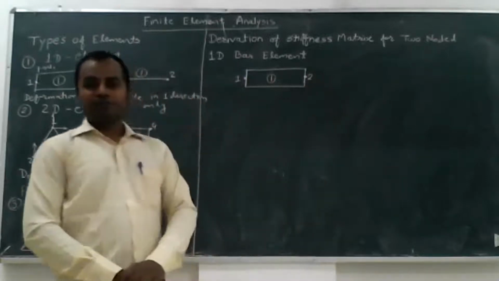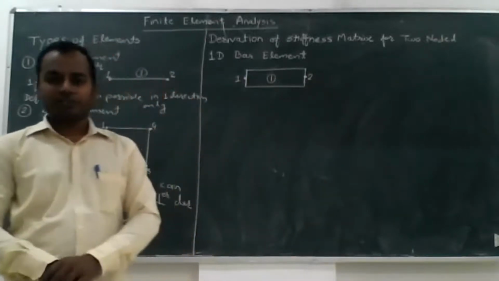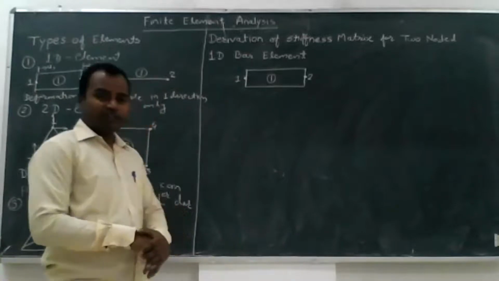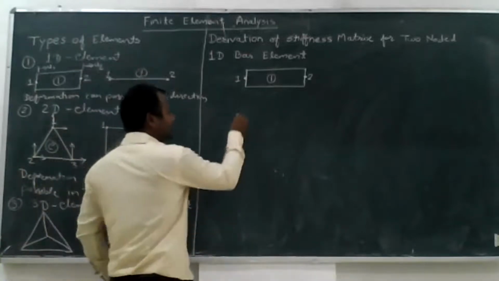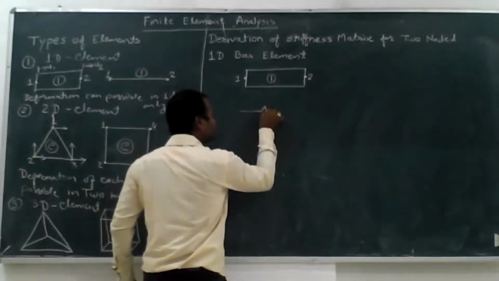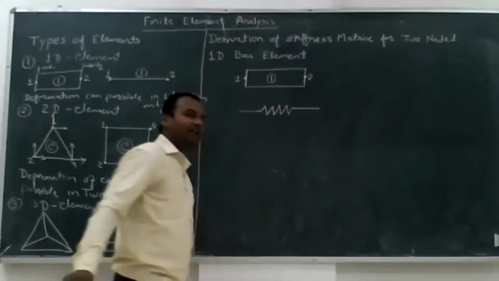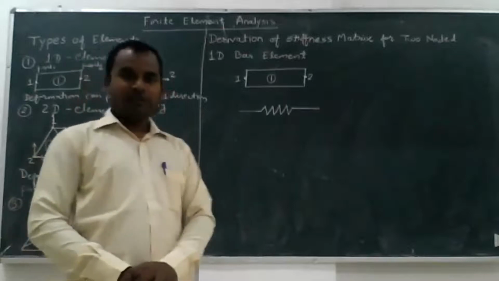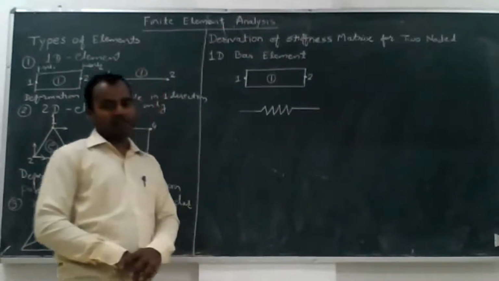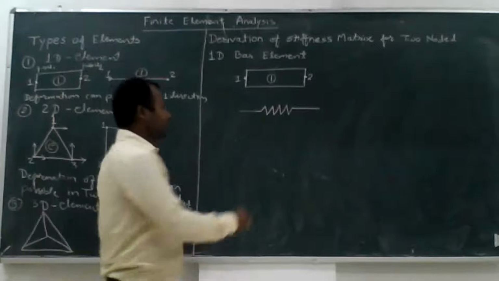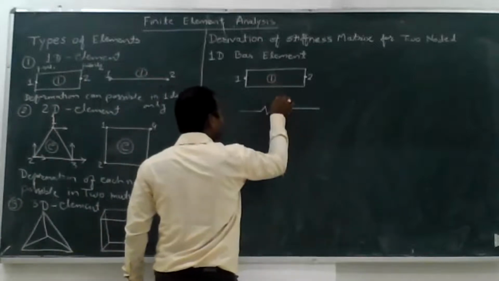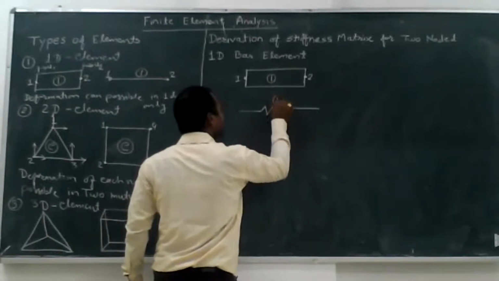Also, in the principle of minimum potential energy, we already discussed that each and every element can be drawn in the form of a spring structure, because every body has an elastic property, and that elastic body has a stiffness property. Therefore, the bar element is represented by a spring structure.